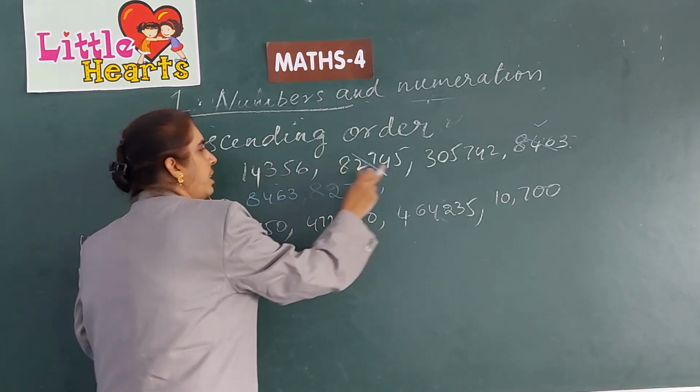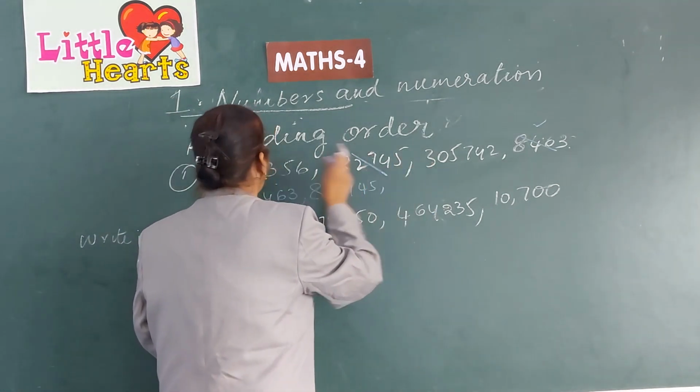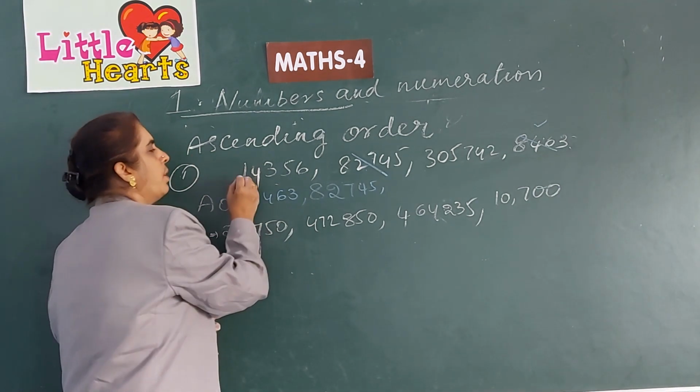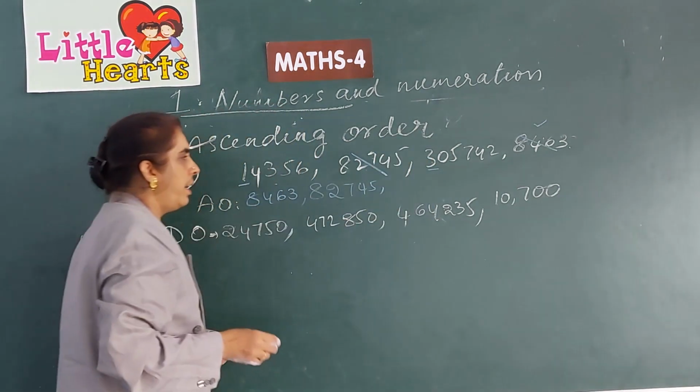These two numbers have the same number of digits. Always start comparing from extreme left, 1 and 3 in the lakhs place.